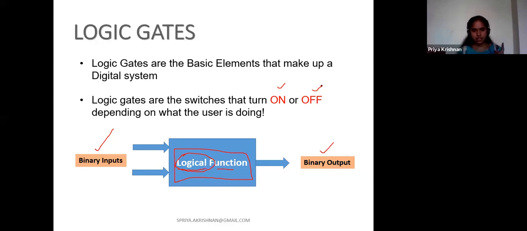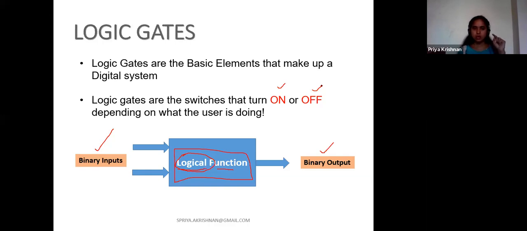Apart from 0 or 1, if I tell 2, it won't understand. If I tell 5, it won't understand. So I have to tell only 0 or 1. I have to teach the logic gate to react only to 0 or 1.